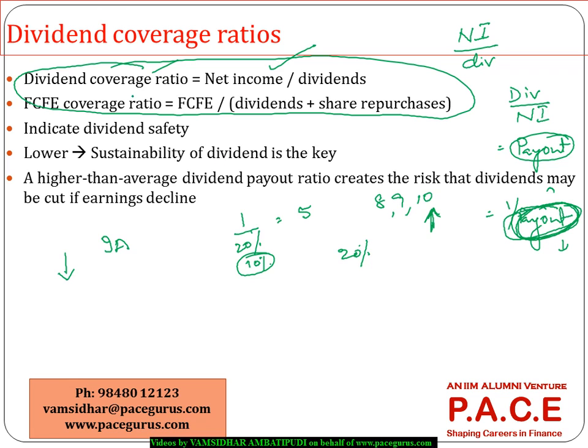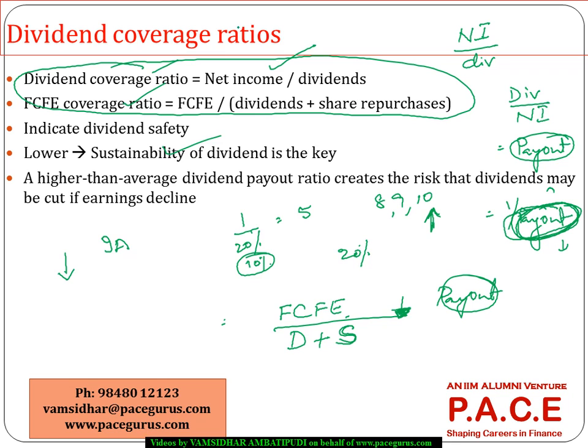Similarly, with the free cash flow coverage, it's the same thing. Instead of looking at the dividend alone, we are looking at the complete free cash flow available to the equity investors, as a proportion of dividends as well as share repurchases. Again, if I take the reciprocal of it, it is equivalent to the payout. So if the payout is higher, obviously this ratio will be lesser, and if it is much lesser, it's a question of sustainability.